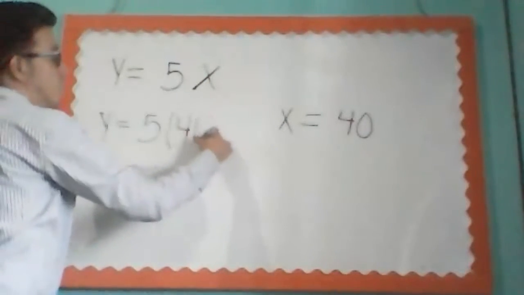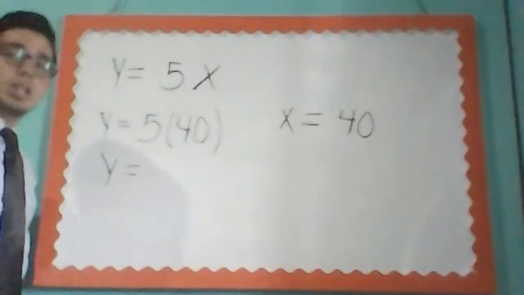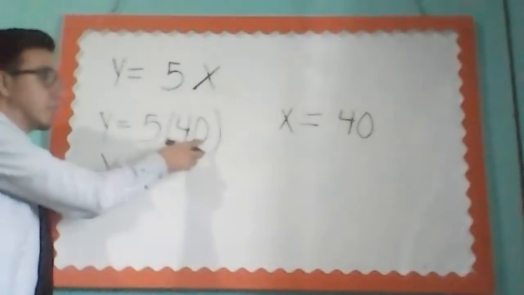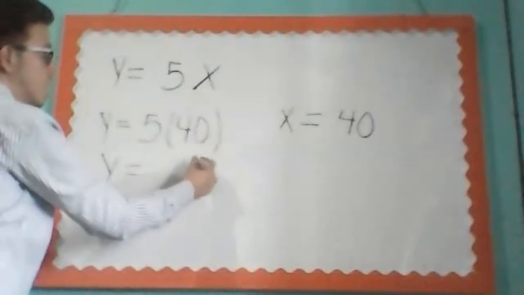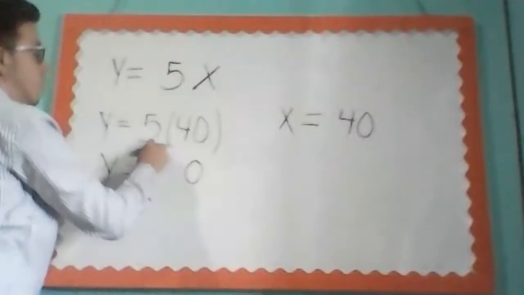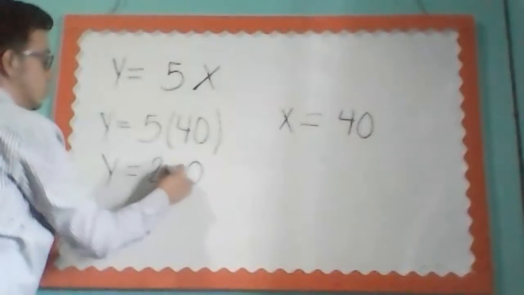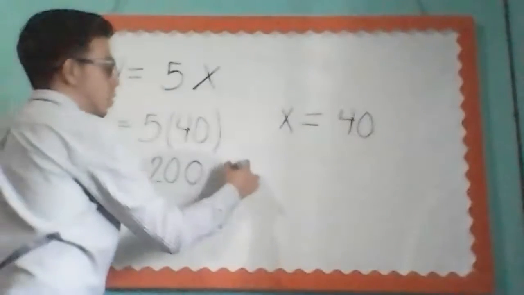X is 40. And now I only multiply the $5 for each hour by the number of hours. 5 times 0 is 0, and 5 times 4 is 20. So she is going to obtain $200.